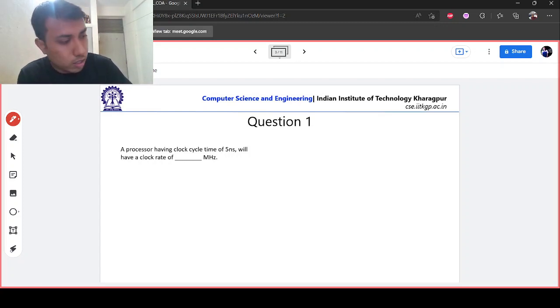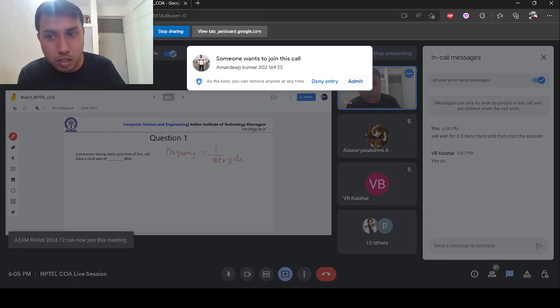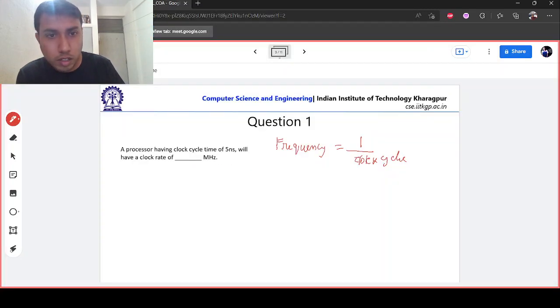Frequency is given by 1 by clock cycle. So in this case, clock cycle is given as 5 nanoseconds, 5 into 10 to the power minus 9 seconds.